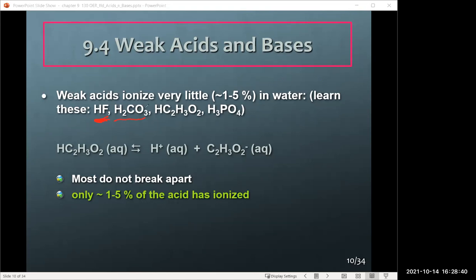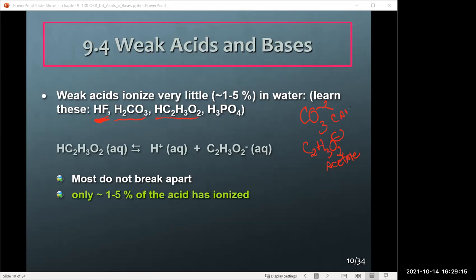Okay, notice the CO3. Does that look familiar? -2, carbonate. Okay, called carbonic acid. This one you may not be too familiar with, but that is a weak acid called acetic acid, aka vinegar. And also in your polyatomic ion tables, you will find this ion called the acetate ion.